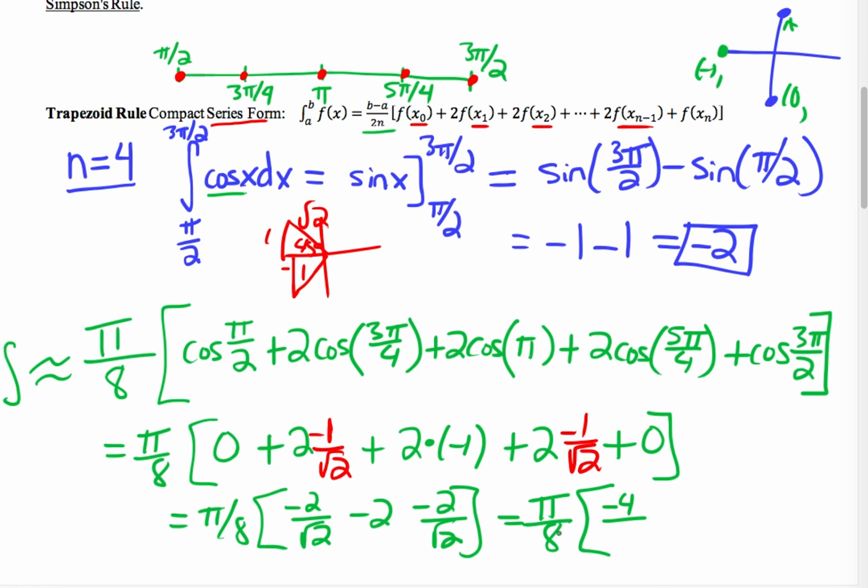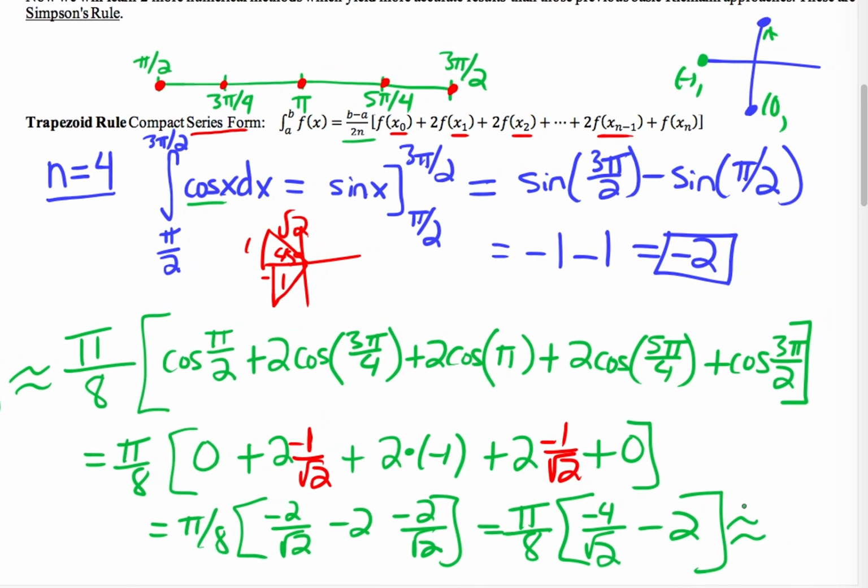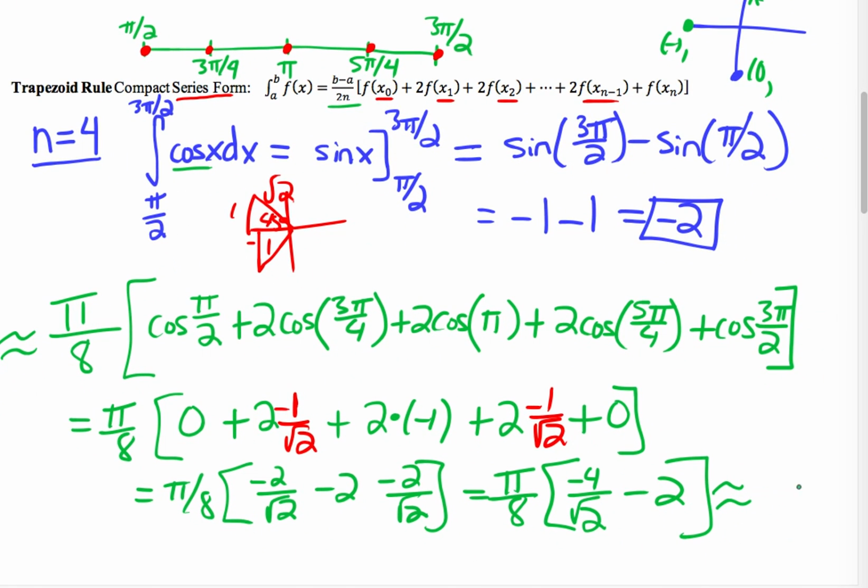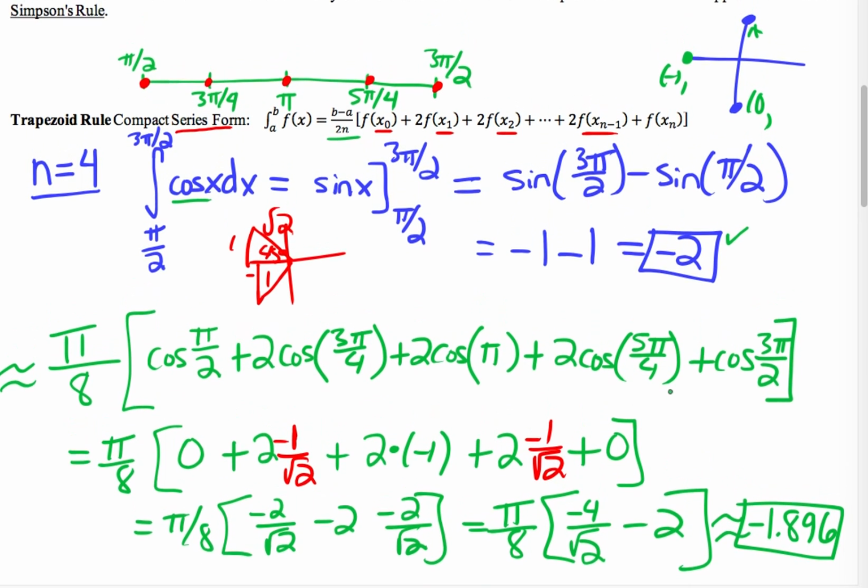There's 2 of these. 2 times negative 2 is negative 4 over the square root of 2. Then I've got a minus 2 here. Now you could clean that up by rationalizing and all kinds of stuff. I'm just going to pump it straight in my calculator. I'm not going to show my work this time. I got negative 1.896. So pretty close to negative 2, but not super close. But that was only with 4 trapezoids, mind you, so not a great approximation.